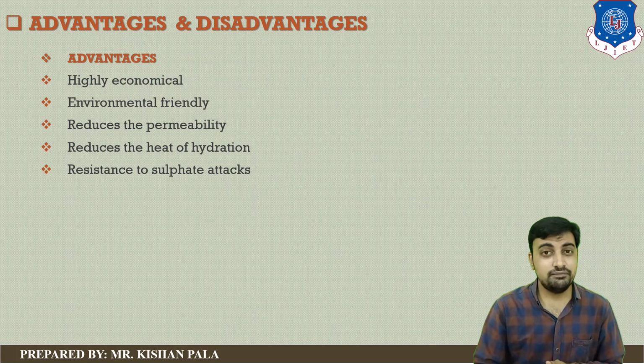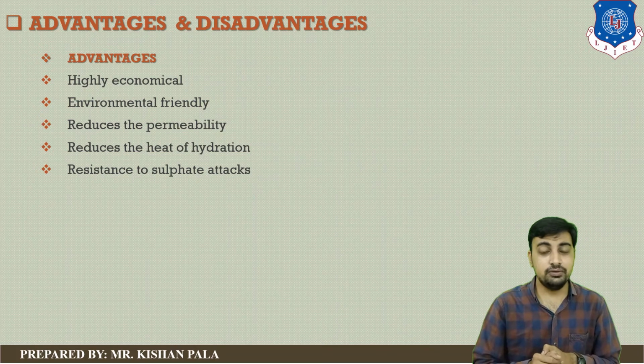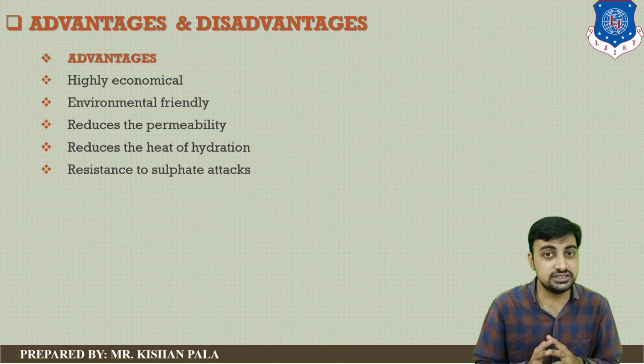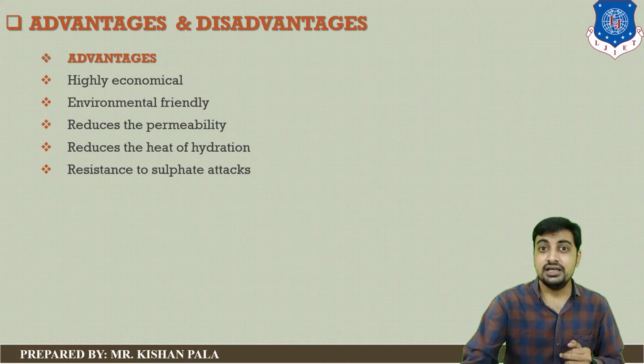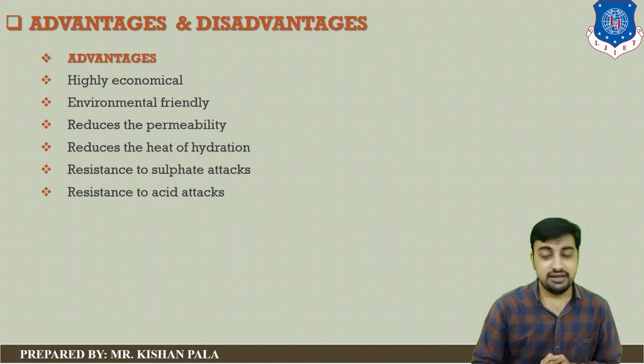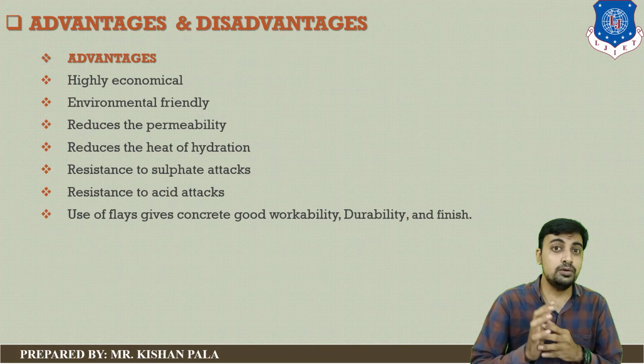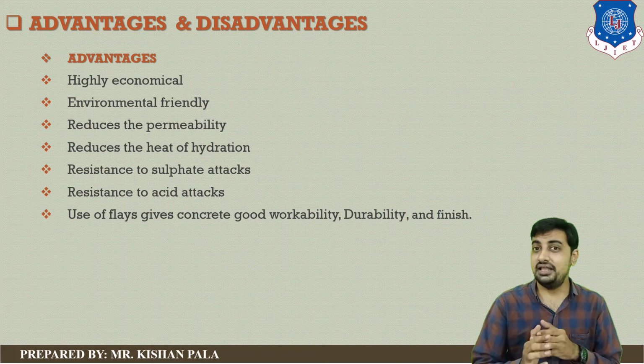With the use of fly ash you can also increase the durability of the concrete mass and improve sulfate resistance. Resistance to acid attack. Use of fly ash gives the concrete good workability, durability and finish.